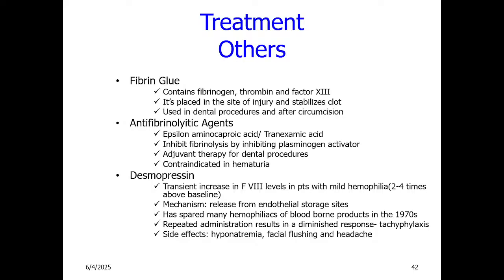So, to decrease the chances of that rebleed, we want to inhibit fibrinolysis. That is why we give antifibrinolytic agents. So, tranexamic acid will stop the dissolution of the clot already formed in the oral cavity.